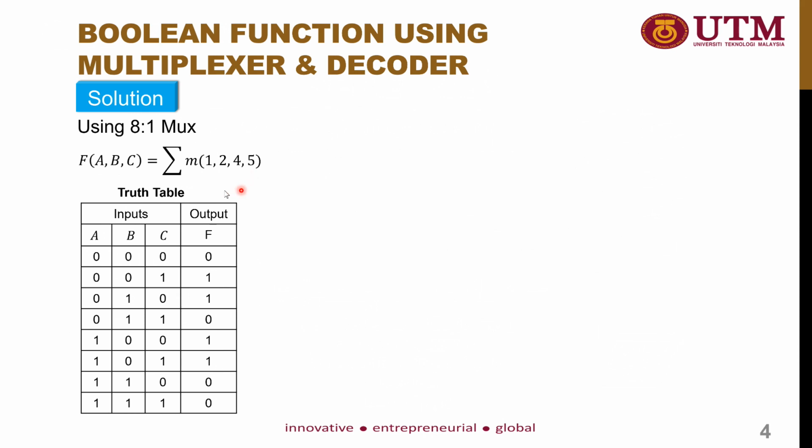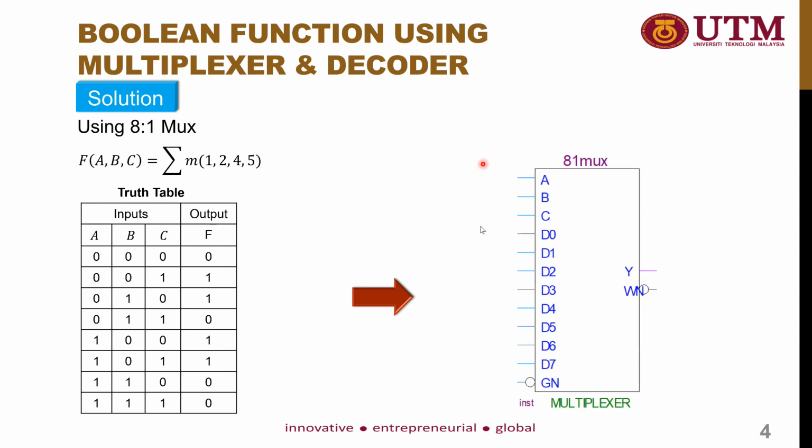Okay, so right now, how do we interpret all the possibilities inside the truth table into an 8 to 1 multiplexer? Before we proceed to the interpretation, we need to know the general representation of the multiplexer first. This is the block diagram of an 8 to 1 multiplexer. Basically, a multiplexer functions as a data selector, selecting data based on the input given to the selectors.